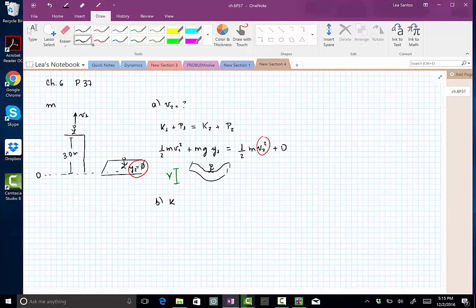Okay, all right, so to compute this y, I'm going to use conservation of mechanical energy, the initial sum being equal to the final. Now, what I choose as initial is up to us. I can choose the point 1 as my initial, or I can choose the point 2 as my initial.